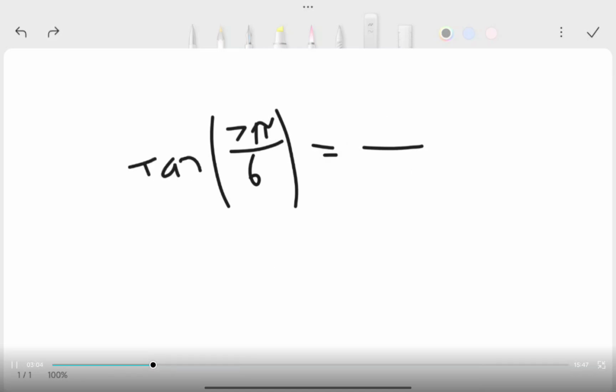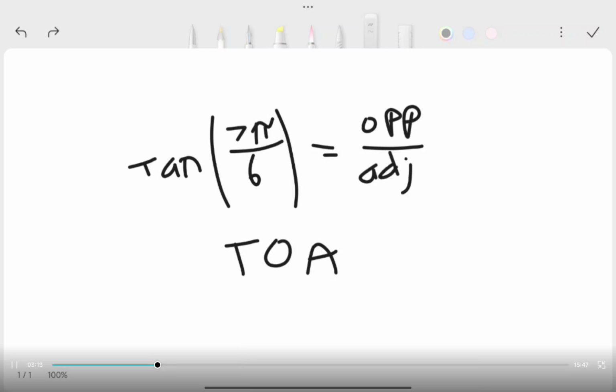Next is the tangent. Tangent is equivalent to TOA, meaning the opposite over adjacent. Our opposite is negative 1/2 over the adjacent, which is negative square root of 3 over 2. Just simply solve it.